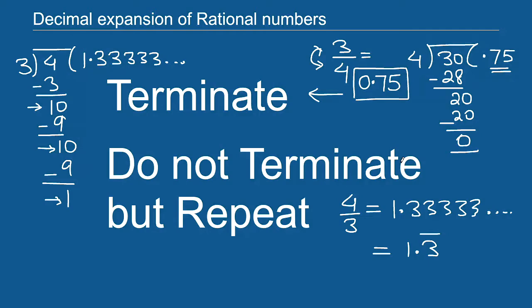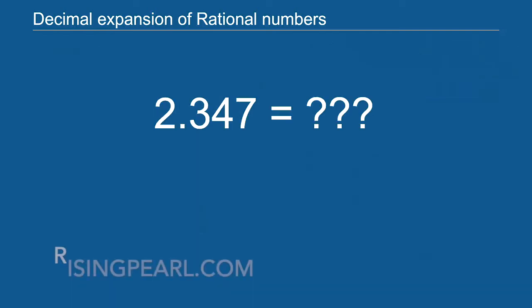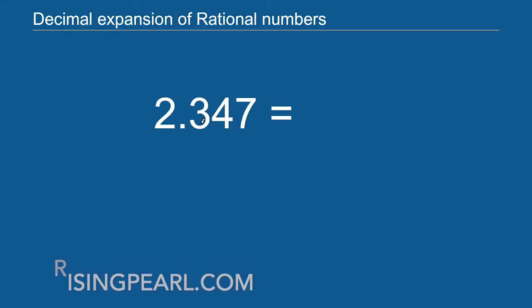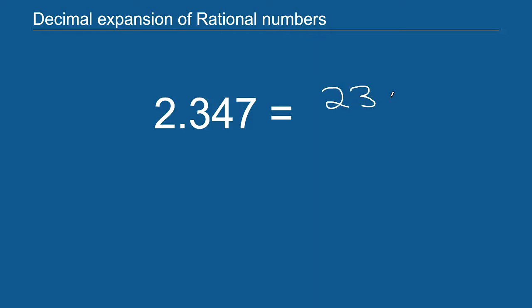So this is an example of a decimal expansion of a rational number where it does not terminate but it repeats. Now let's take a look at our questions and see how we solve them. Can we write this decimal number as 2347 divided by... how many decimal places does this number have? It has 1, 2, 3.